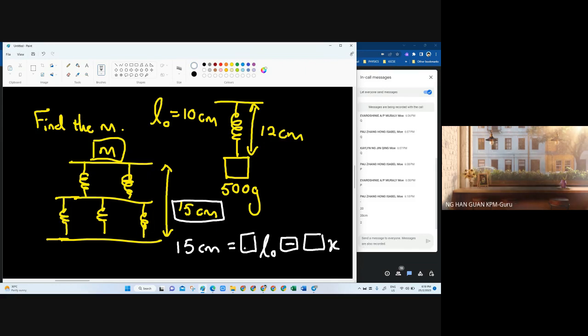So how many original lengths? 2 original lengths only. Later we only substitute original length as 10. So here's the 2 original lengths, minus how many extensions?